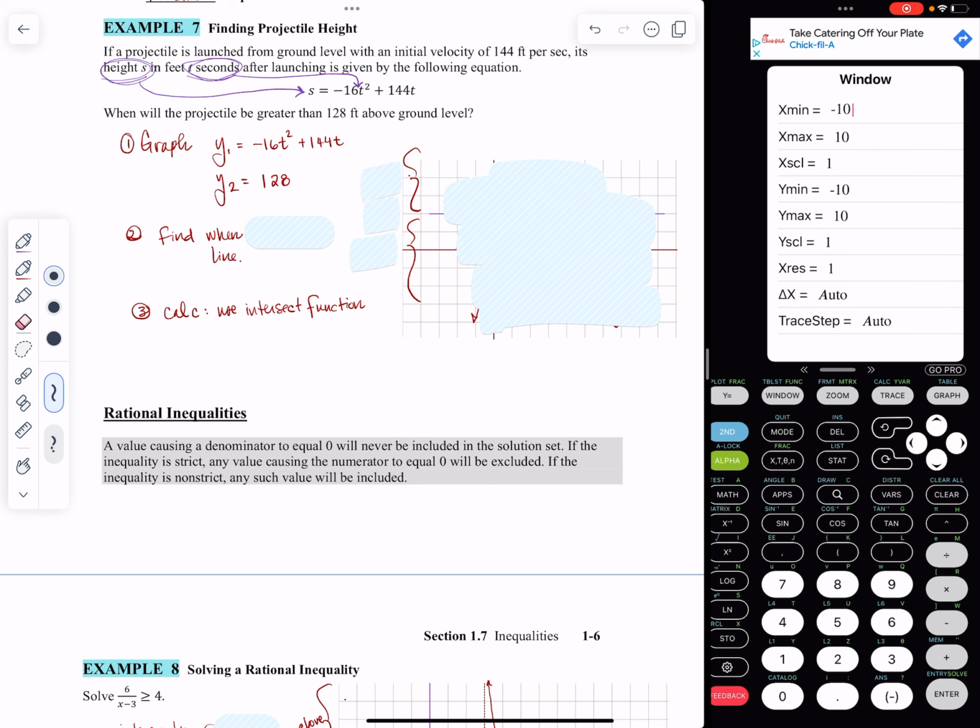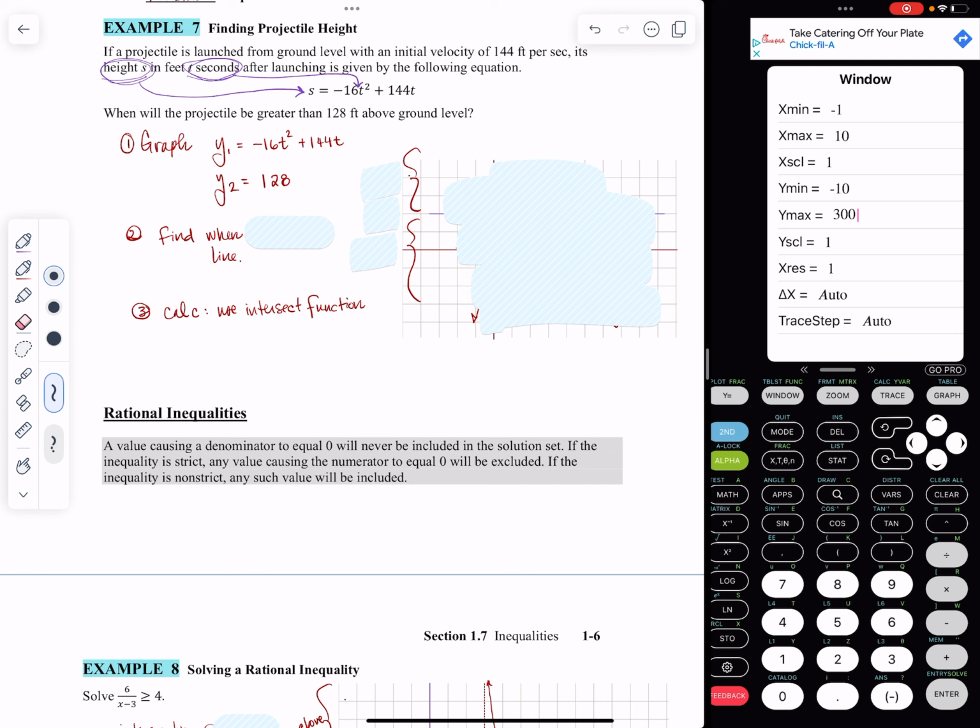So when I go to my window right now, I'm only graphing a Y maximum of 10 feet, and I need to go way far above that to be able to see 128 feet. For now, I'll leave my X max alone. For an X-min, let's just take that down to -1 because we don't need negative time. For my Y maximum, let's go to 300.